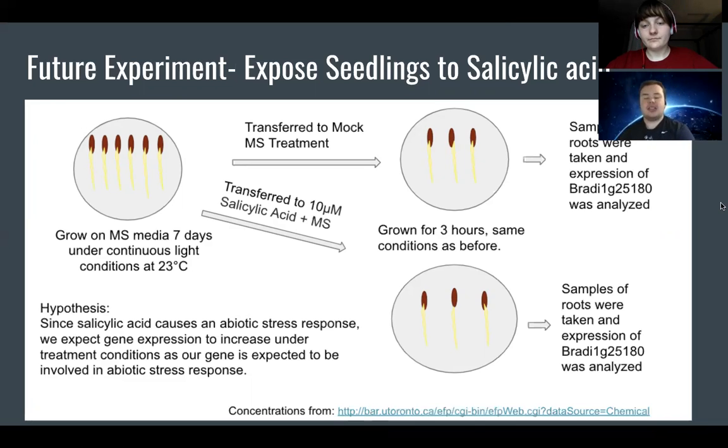Then we would have them grow for 3 hours on the same conditions as before, and then we would sample the roots and send them for expression data. We hypothesized that the expression of our gene would increase in the salicylic acid treatment.